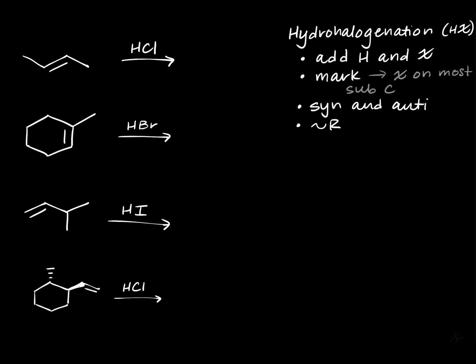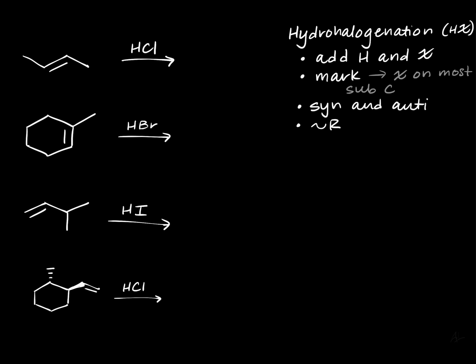So 2 things that you might be wondering. First of all, the H and X part, you probably understand why we're adding H and X. But for Markovnikov, syn and anti, and rearrangement, you might be asking, how do you know that? And the answer is that the mechanism tells us. So I suggest getting very comfortable with the mechanism.